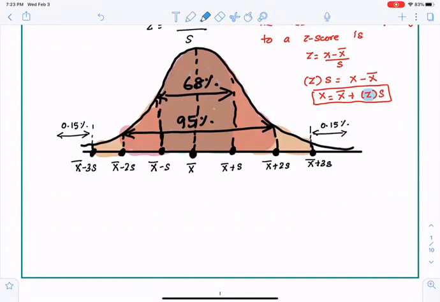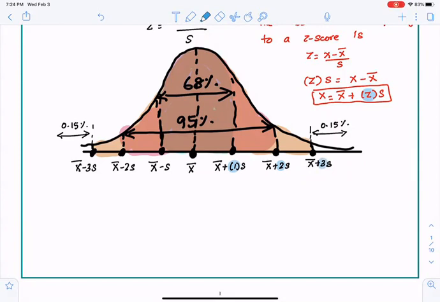So x bar plus s, I could write as x bar plus 1 times s. So the z-score right there is 1. Similarly, x bar plus 2s, the z-score of that observation is 2. For that data point, the z-score is 3.